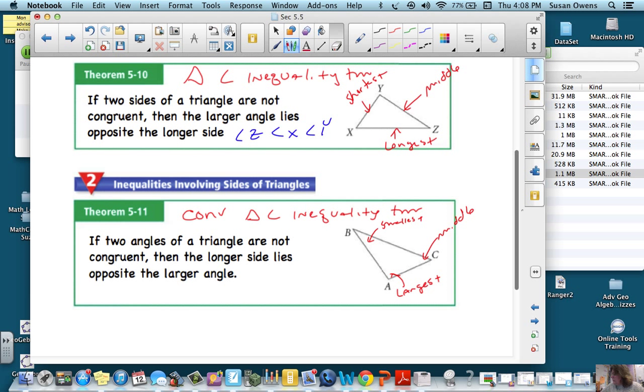Now I can rank the sides from smallest to largest. The smallest side would be across from B, and that's going to be less than the one that's across from the middle, so that would be AB, and that's even going to be smaller than the one that's across from the largest angle, A, so BC.